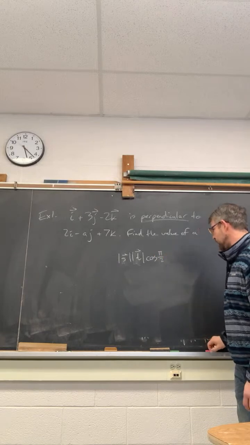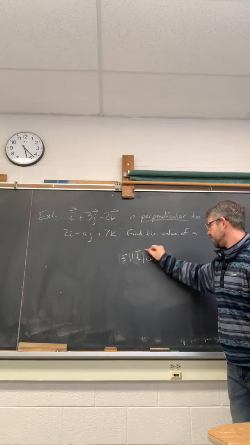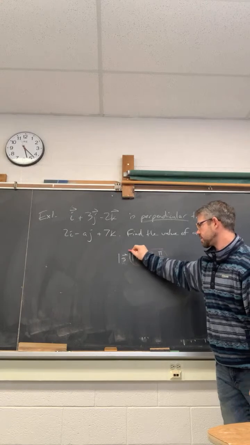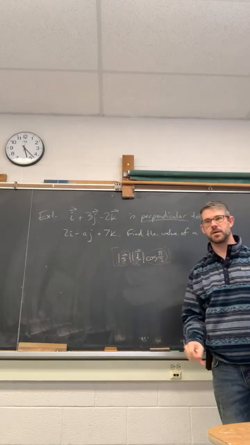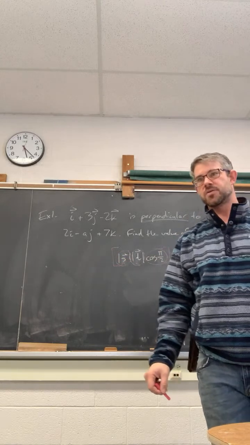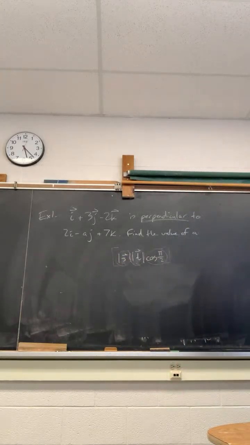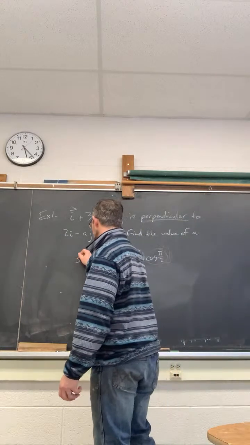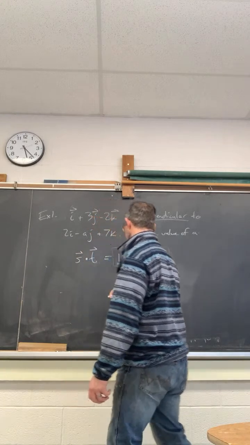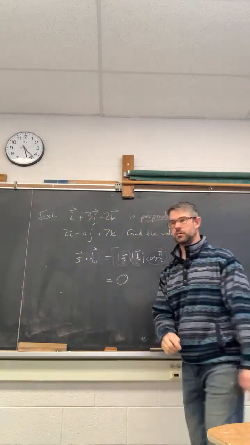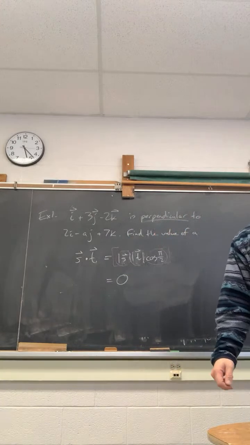And if this term is 0, then regardless of the other terms, the entire product is going to end up equaling 0 as well. So that's a really useful application of the dot product of vectors. We know that if I have two vectors that happen to be perpendicular to one another, then their dot product is going to be equal to 0. And so that's the case that I have here.